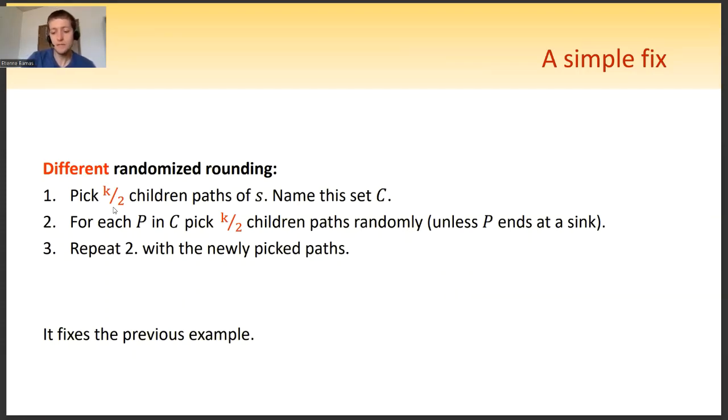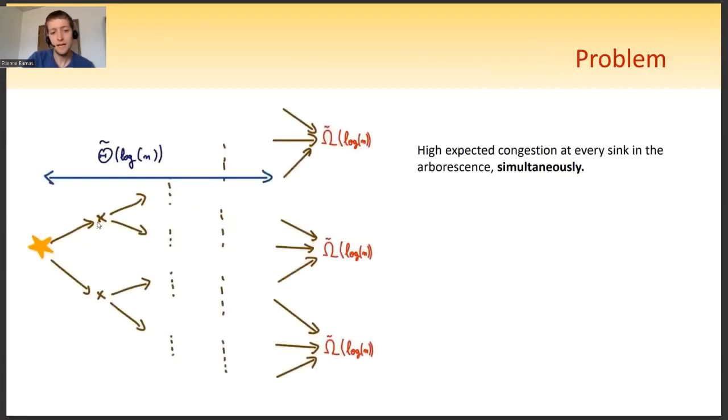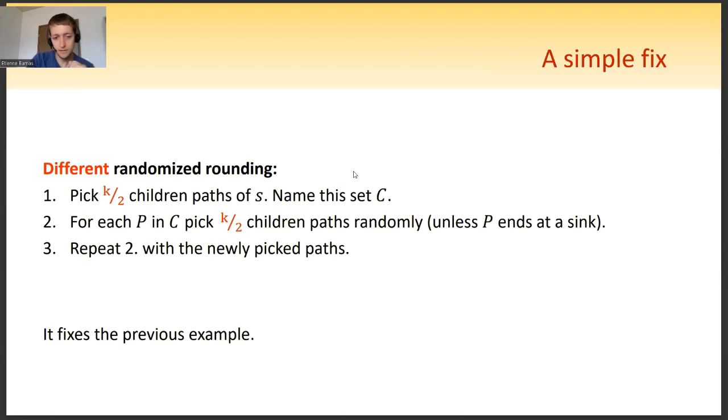And the effect of that is that every time you progress one layer, the expected congestion on the sinks decreases by a factor of half. So if we are far away, then we should get rid of this log n congestion. So that's an easy algorithm that fixes the previous example, but we don't know how to analyze this better in the general case. But it still teaches us something useful.